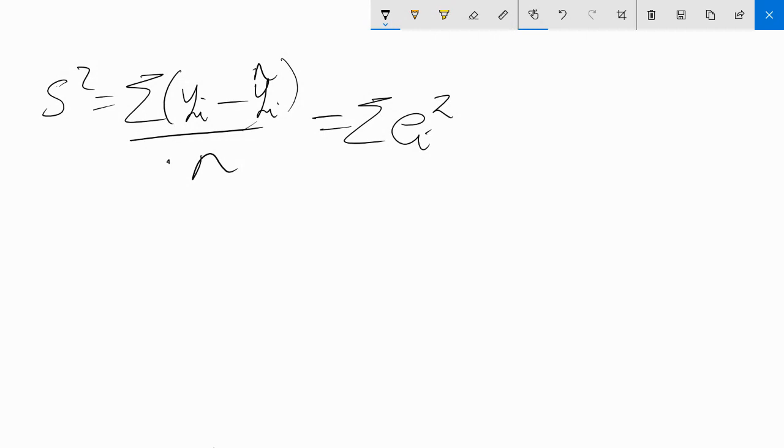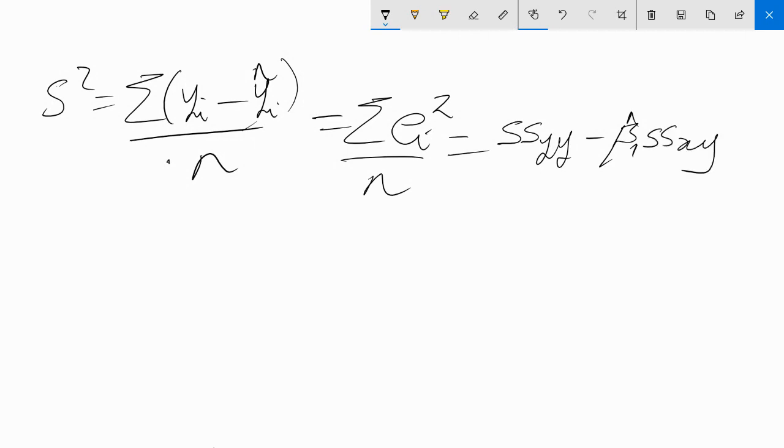As you can see, this is the error. So it's the summation of e_i squared. And we said this part is nothing but SSYY minus beta 1 hat SSXY, divided by n. Yes. You forgot the squared. Thank you very much. So this is what we are having.